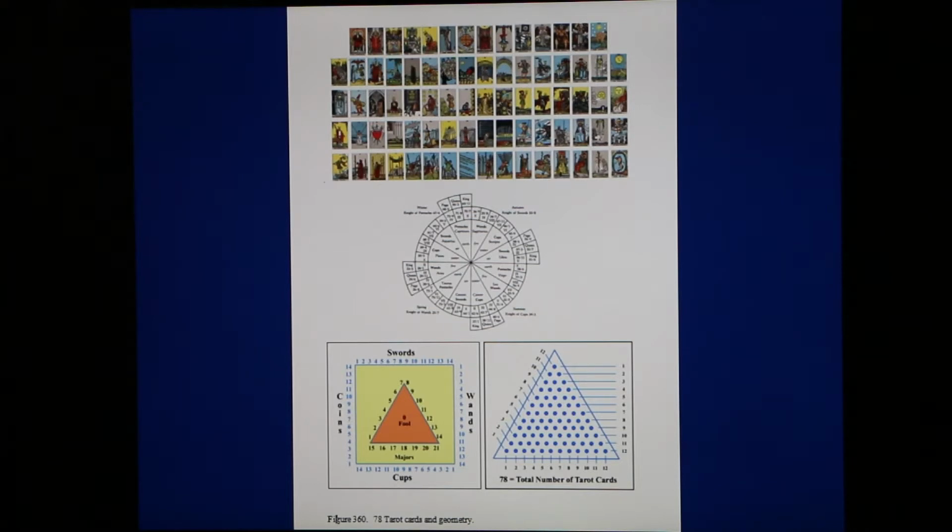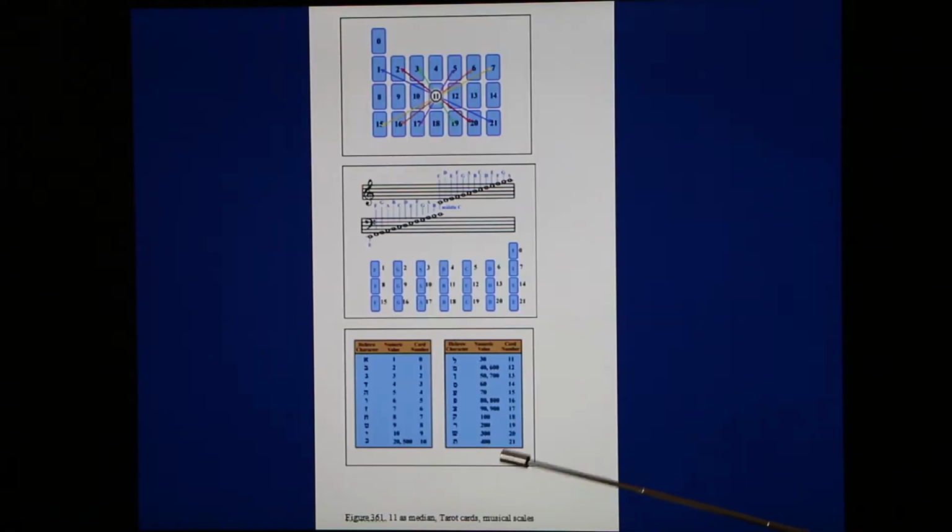And then this gets linked with the tarot cards. So I can create all these cards. These I can put into the zodiac. I can put them into number symbolism so that I have 4 sets of cards: swords, wands, cups, and coins. I can link that with number symbolism so that I get to 78 again.